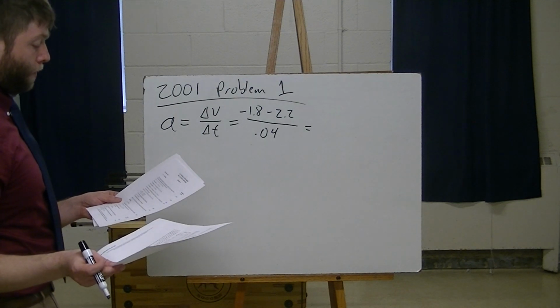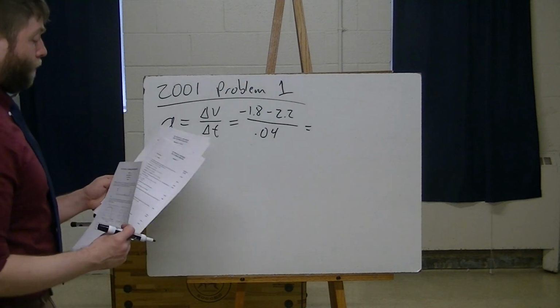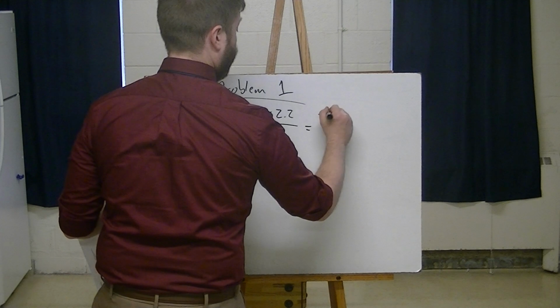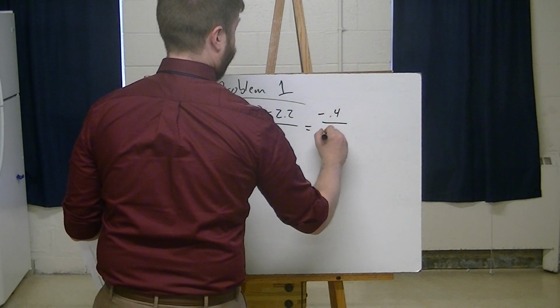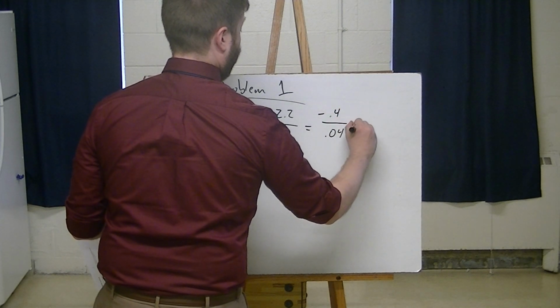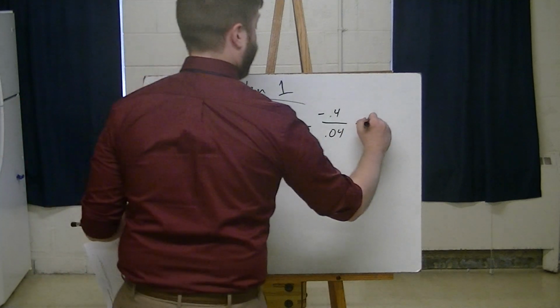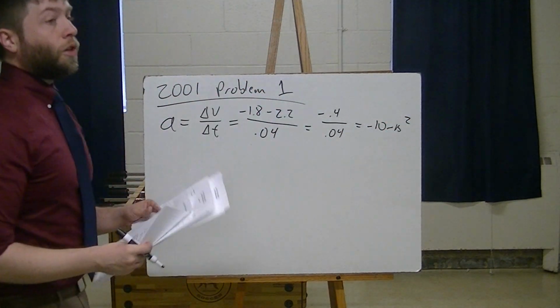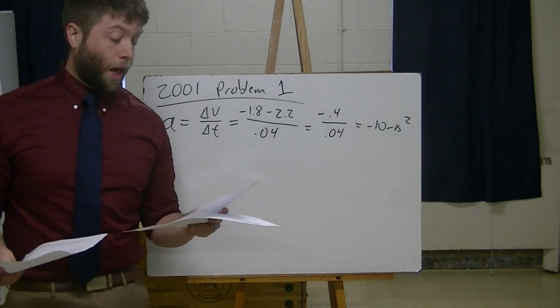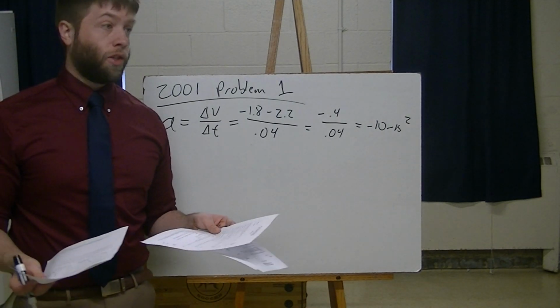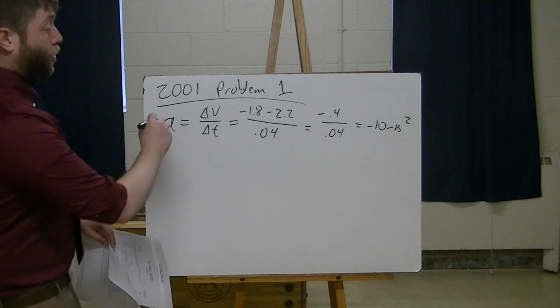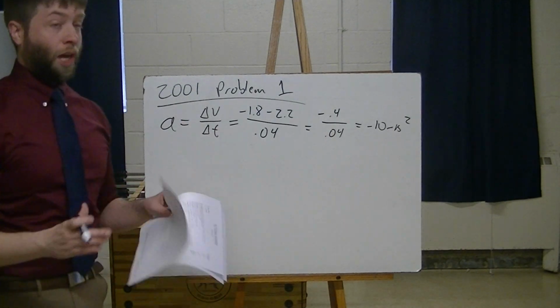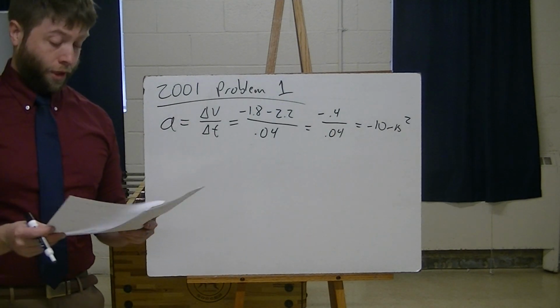I don't have a calculator in front of me. That should be about negative 0.4. Negative 0.4 divided by 0.04, which is going to be about negative 10 meters per second squared, okay? So they made the numbers really nice here. They're not expecting you to use a calculator for much of this. What I did here was I figured out the change in velocity, the change in time from the graph, okay?